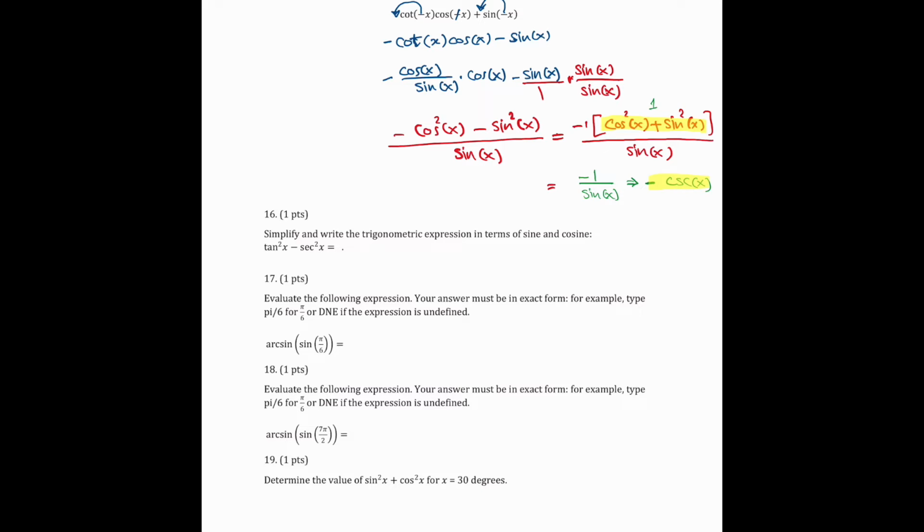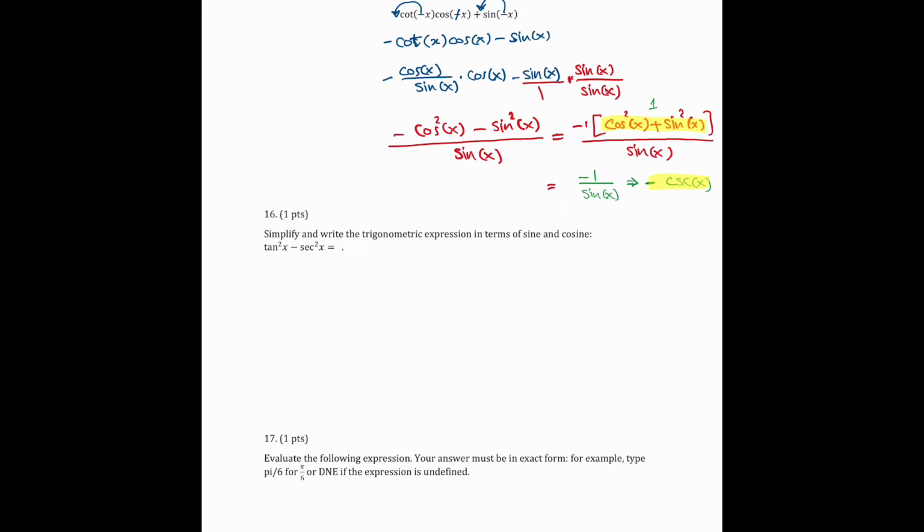Question number 16. We need to simplify the expression tangent square minus secant square. We know that tangent square x is equal to secant square x minus 1.